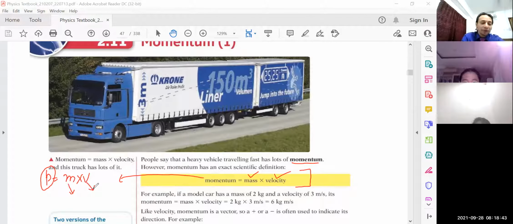For example, if I take this truck, this lorry, suppose its mass is m and it is moving with the velocity v.